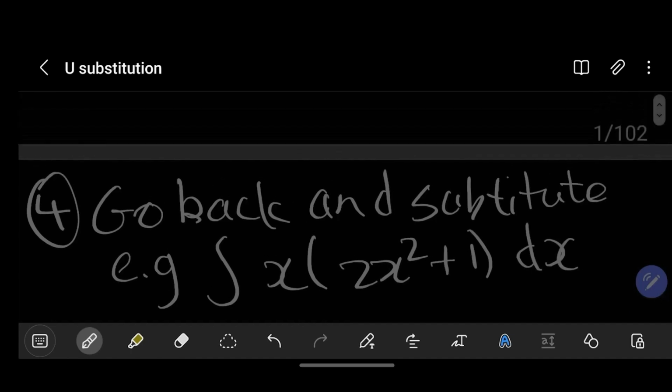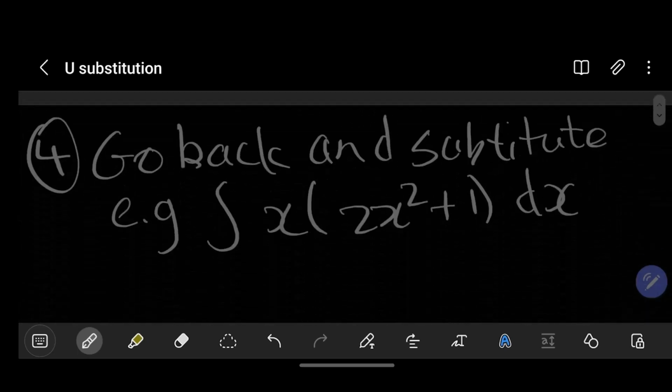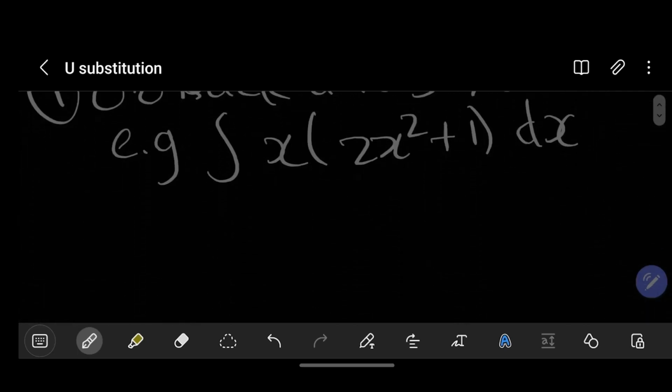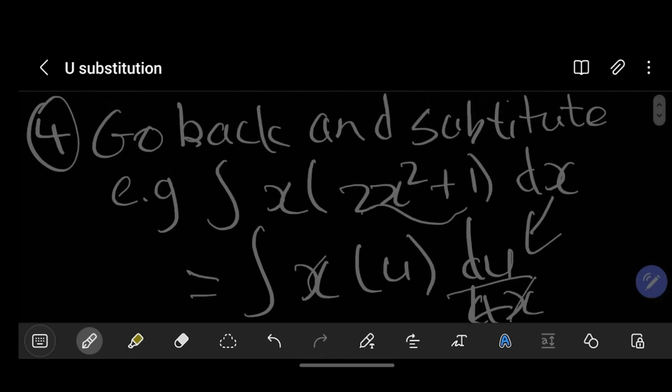If we were to substitute what we found in step 2 and step 3, we would now say that this is equal to the integral of x times u, where dx is du over 4x. Quite simple. We can see that the x cancels out. But I'll take you through this in a better example.